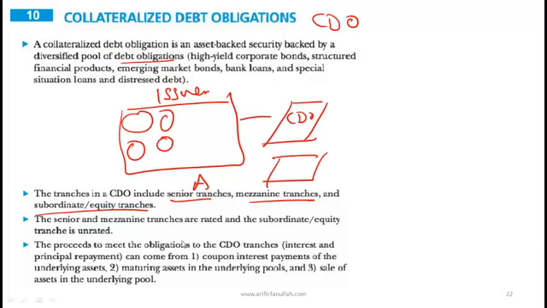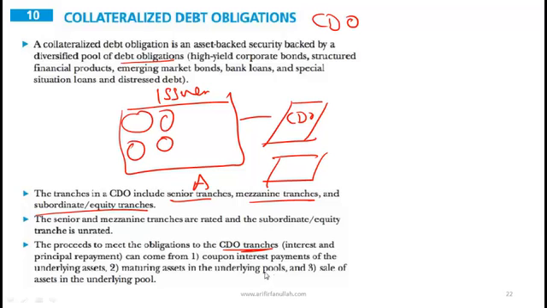The proceeds to meet the obligations to the CDO tranches, which is interest and principal repayments, come from coupon interest payments of the underlying assets. So if these underlying assets are other bonds, the coupon payments that come in for these assets, any maturing assets in the underlying pools.